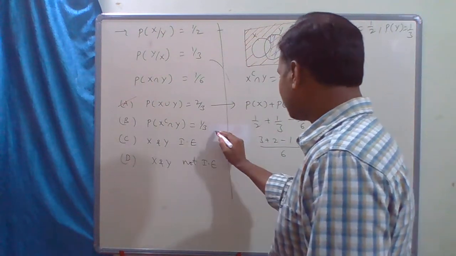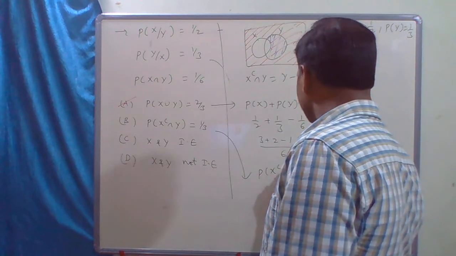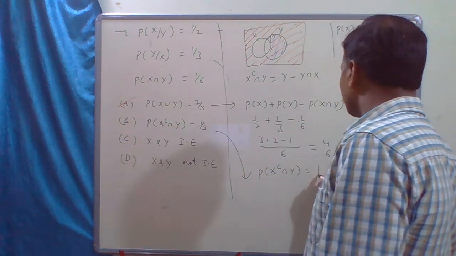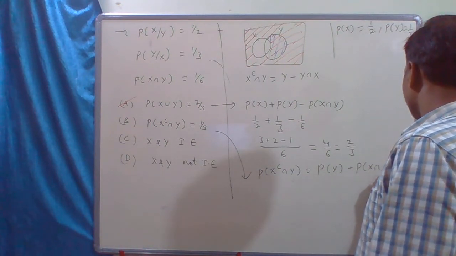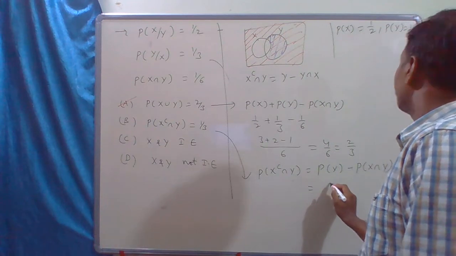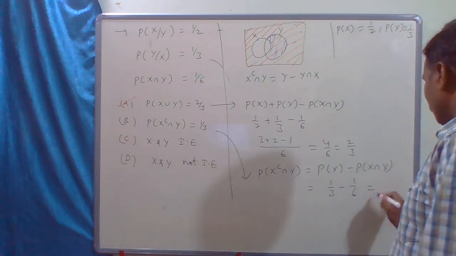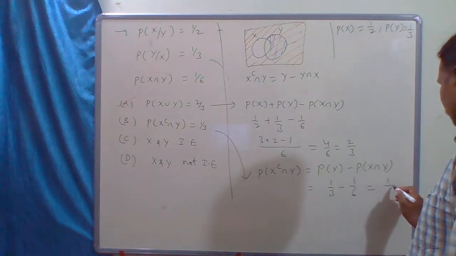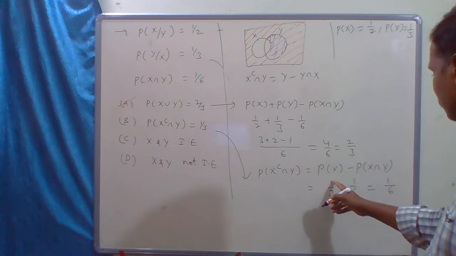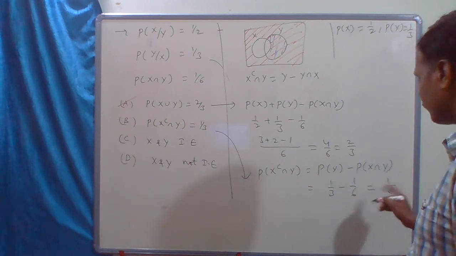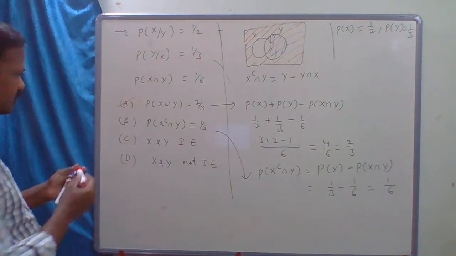So the probability of x complement intersection y is equal to probability of y minus probability of x intersection y. So what is the probability of y? 1 by 3 minus 1 by 6, which is equal to 1 by 6. Yes? So 2 by 6, so 1 by 6. But what is given? 1 by 3 is given. So this is a wrong statement.